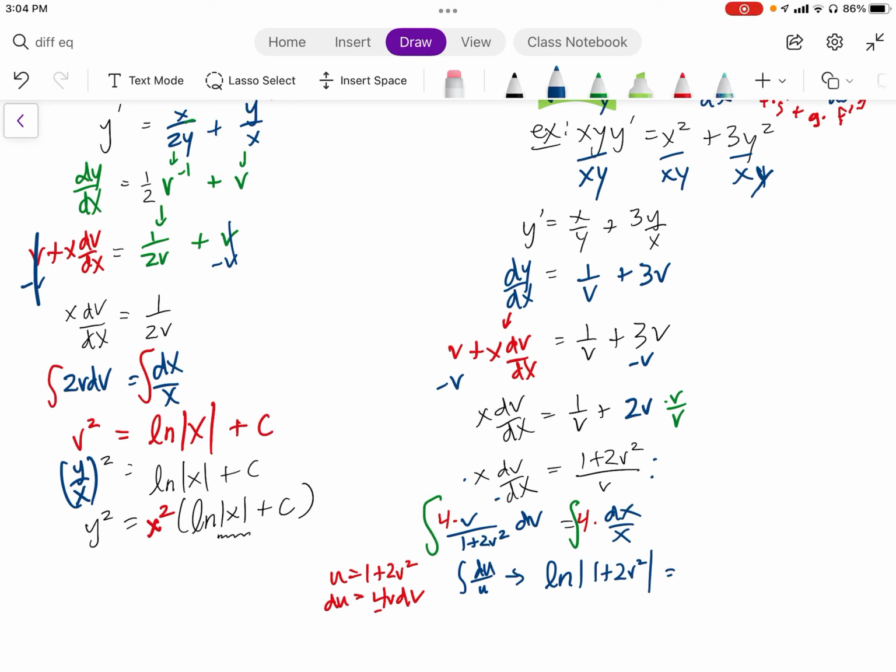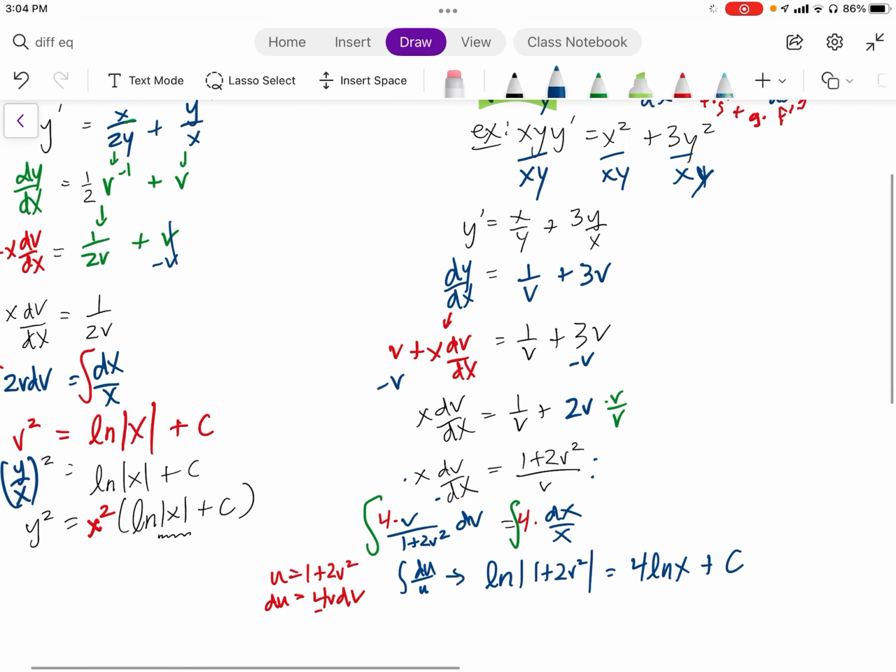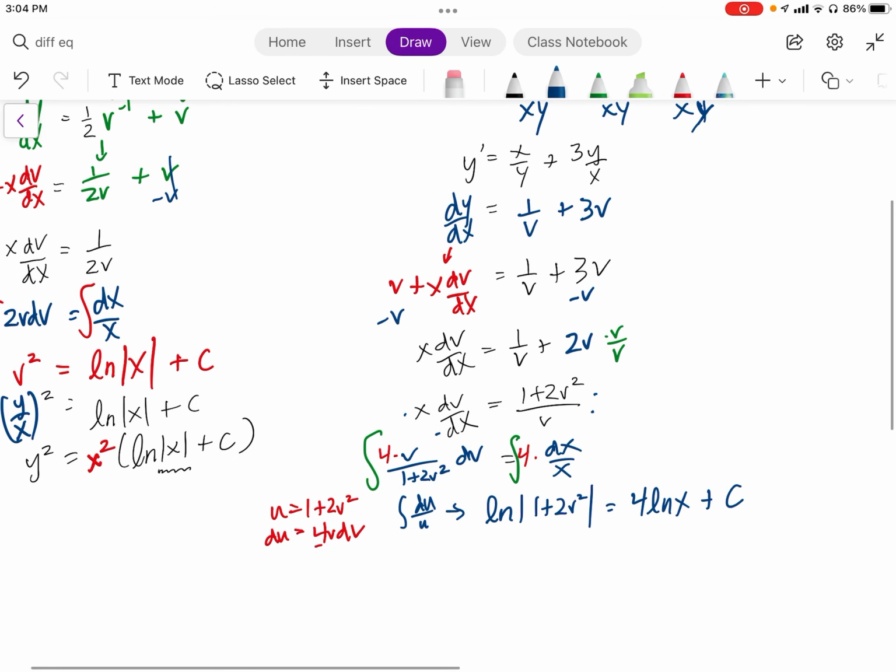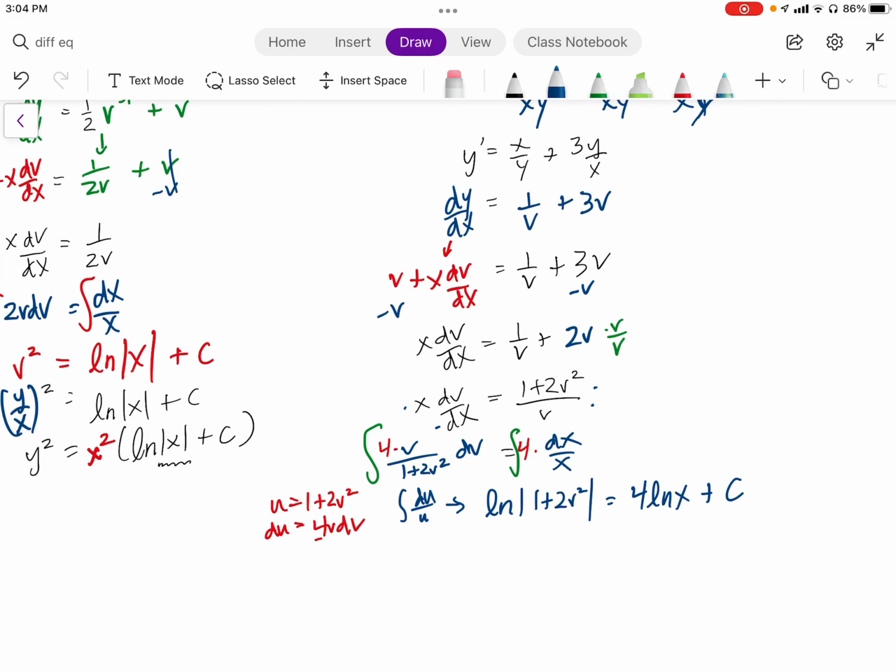And on the right-hand side, we have 4 ln x plus c. I like the plus c on that side. Okay. I'm going to show this little trick. It really doesn't matter. I'll explain it both ways, but this is kind of a neat little shortcut. This is some constant c, right? I have no idea what it is.